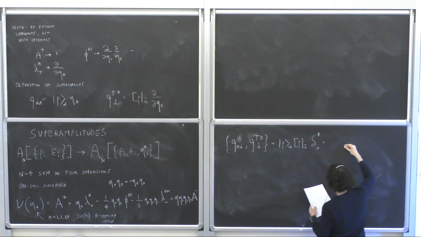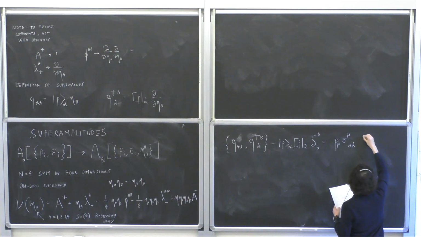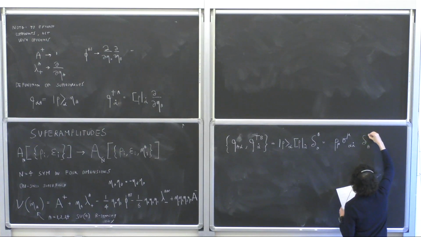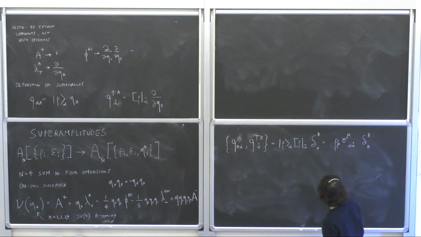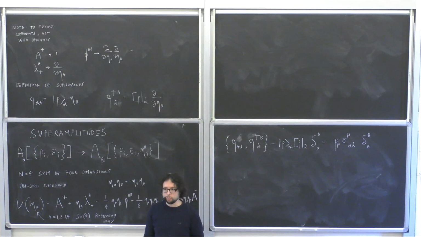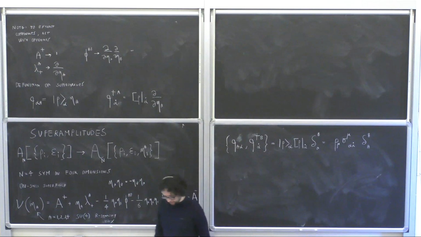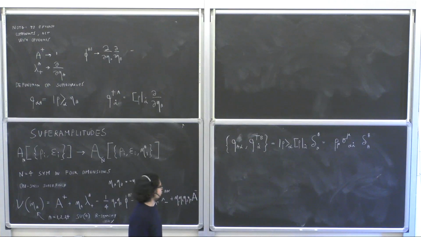And again, just to write it in a more familiar form, this combination is the contraction of the momentum with the sigma matrix, and this is exactly the usual form of the supersymmetry algebra, with a slight difference in the usual normalization. I mean, if you go to Wess and Bagger, for example, there's a factor of 2 here, which is just a different normalization.